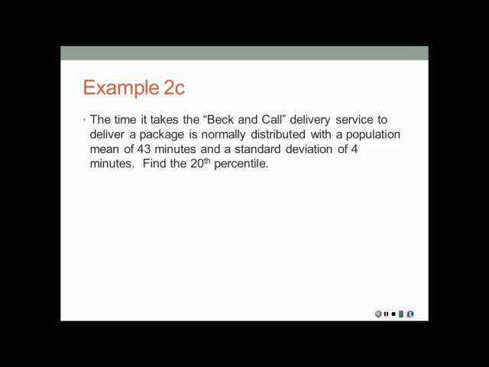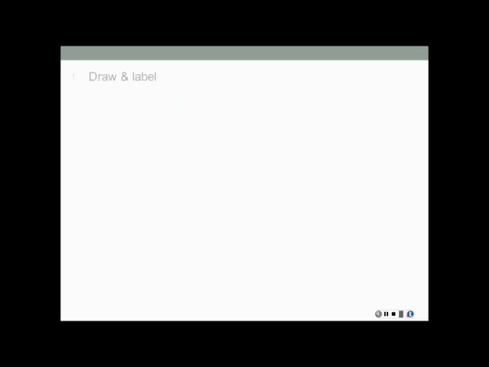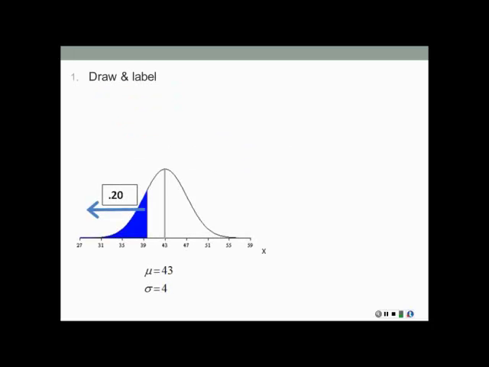Okay, so now back to the Beck and Call problem with the population mean of 43 and a standard deviation of 4. Now we want to find the 20th percentile, the point below which 20% of values fall. Now keep in mind, I know I've said this before, you can only go from the mean to some point.